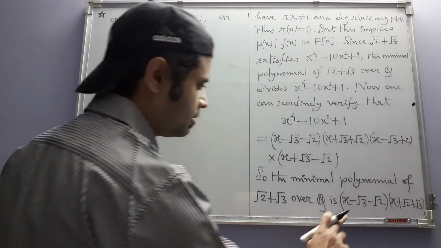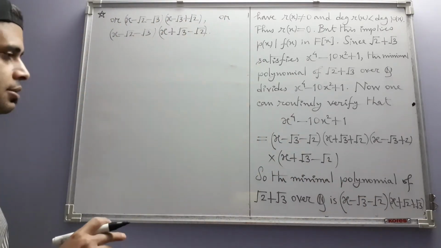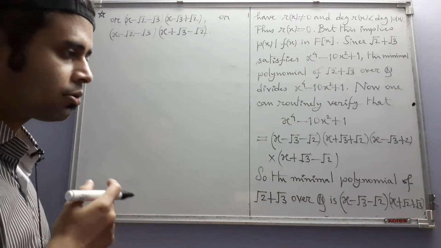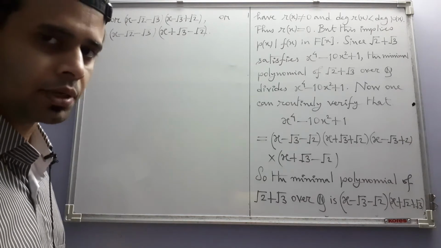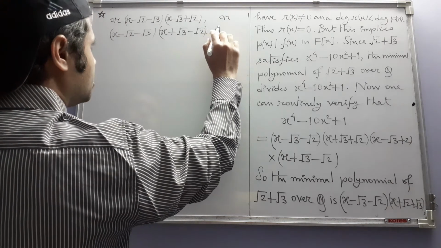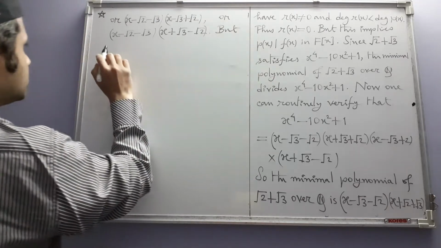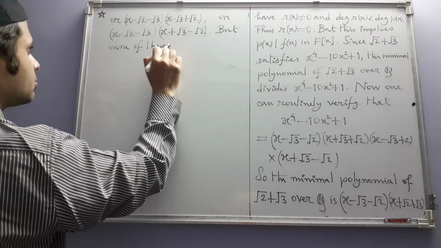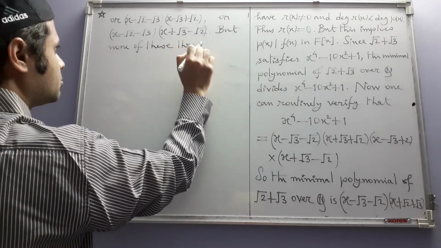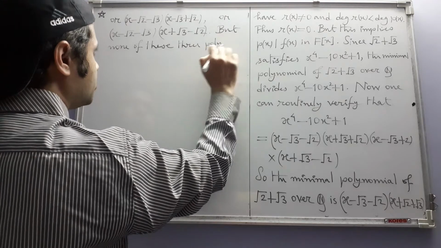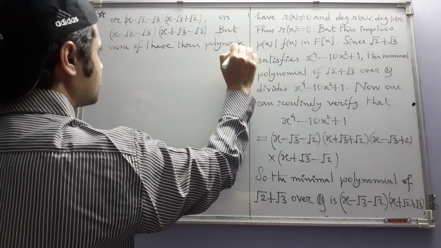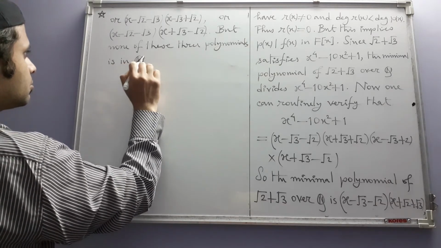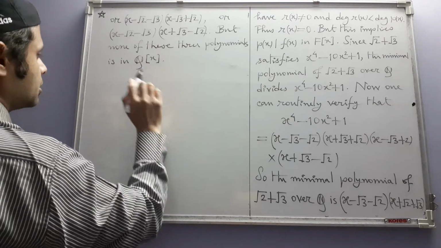The thing is that none of these three polynomials is actually over Q. If you perform the multiplications, you will see that not all the coefficients are rational numbers, but none of these three polynomials is in Qx.